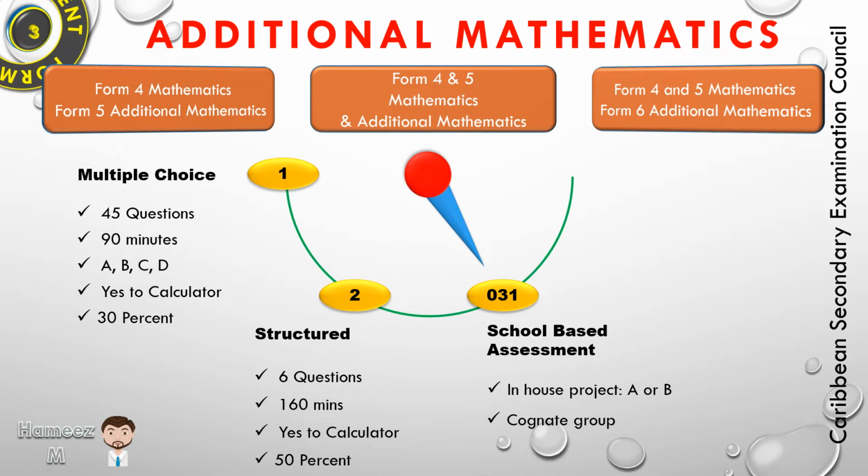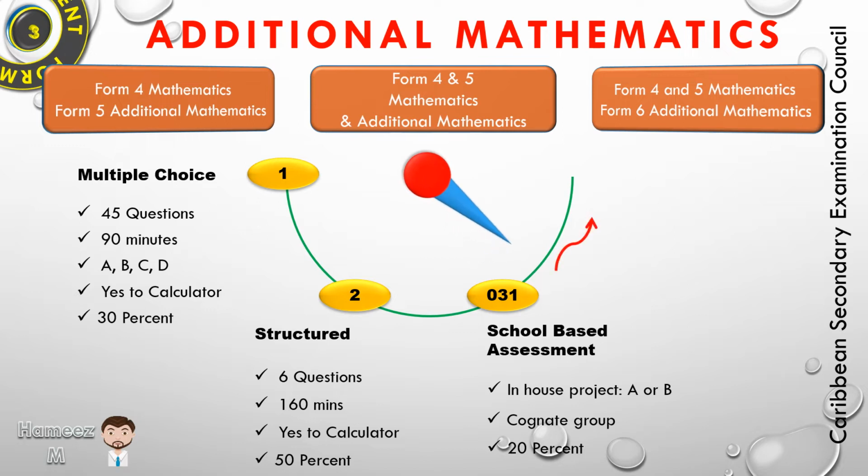So the options are, if a student is doing mathematics and additional mathematics, they can do 2 separate SBAs, or they can do 1 SBA in additional mathematics, and that mark will also be given for the CSEC Mathematics. It cannot happen the other way around. And of course, the SBA is worth the final 20% of the students' grades. And this is submitted a couple of months before they write their final exam.